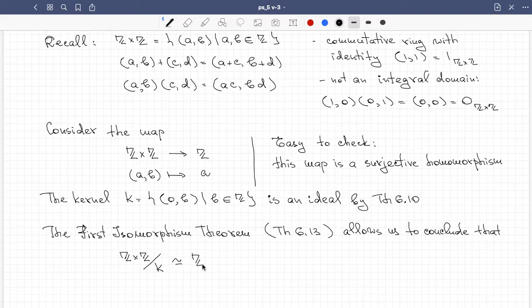Now, what can we tell about this image Z? This is the ring of integers. This is our first example of an integral domain but not a field.